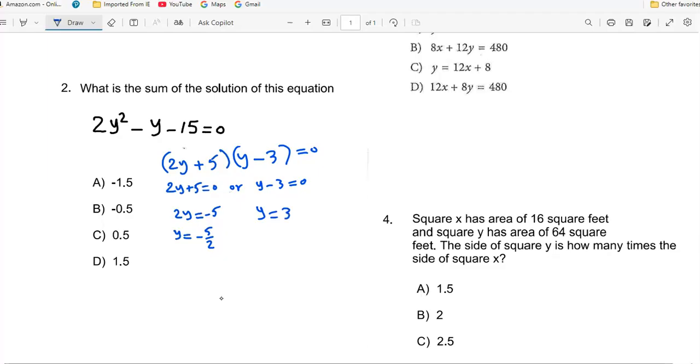So the sum of the solutions will be 3 plus negative 5 over 2, or minus 5 over 2. And you simplify that, make the same fraction. 3, you can write it as 6 over 2 minus 5 over 2. That's going to give you 1/2. So the answer is 1/2.